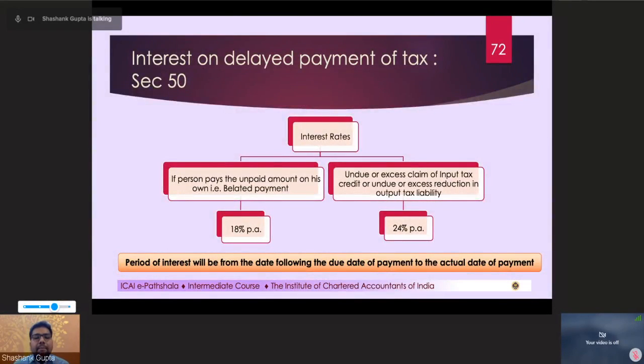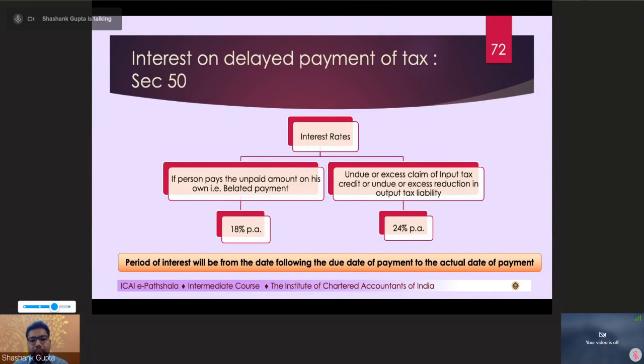Interest on delayed payment of tax. 2 rates of interest have been prescribed under GST. If a person pays the unpaid amount on his own, that is, he self-determines, self-assesses that there has been a delay in payment of tax, the rate of interest shall be 18% per annum.